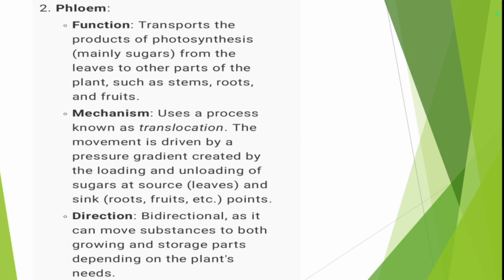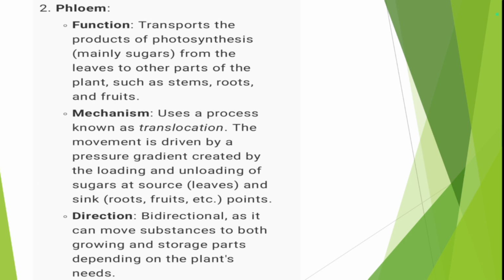Then, what is the mechanism of it? Actually, phloem uses a process known as translocation. The movement is driven by a pressure gradient created by the loading and unloading of sugars at the source and the sink. Here, the source means the leaves and the sink means the roots, fruits, and other points.